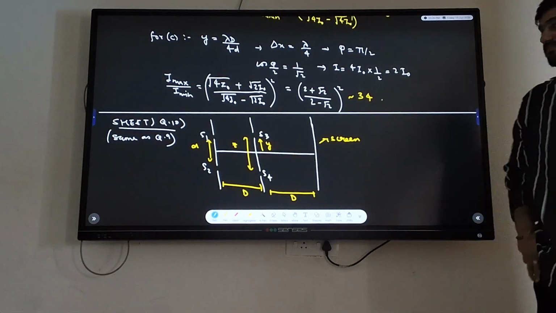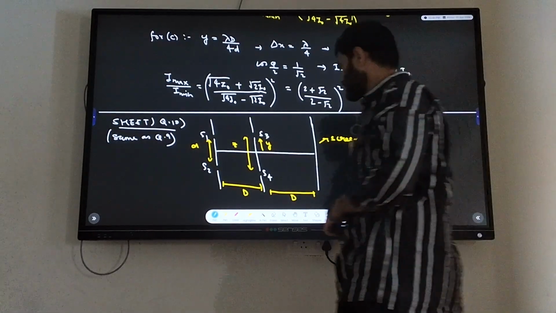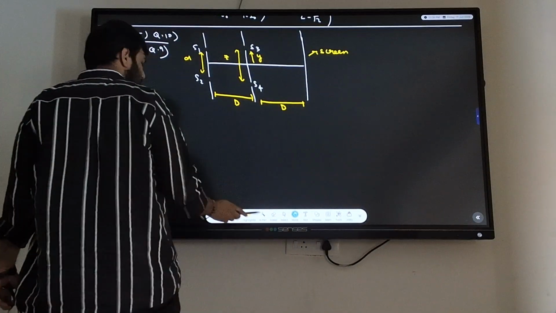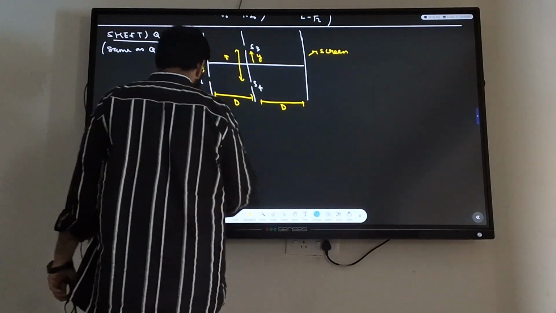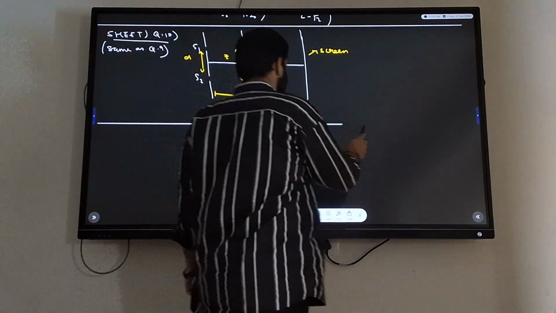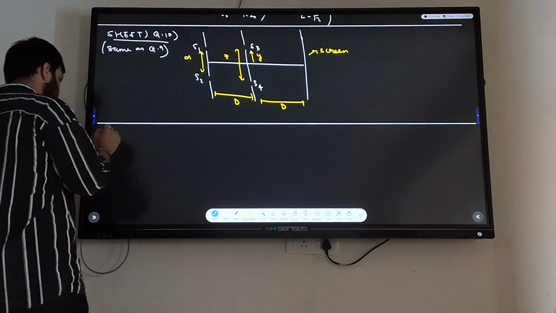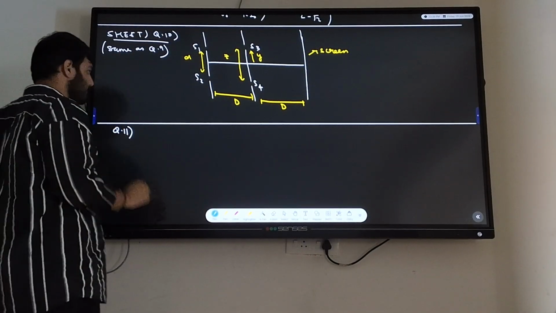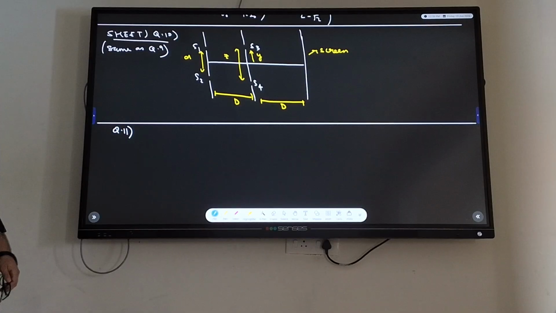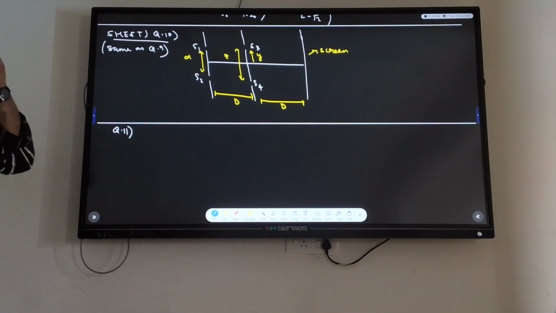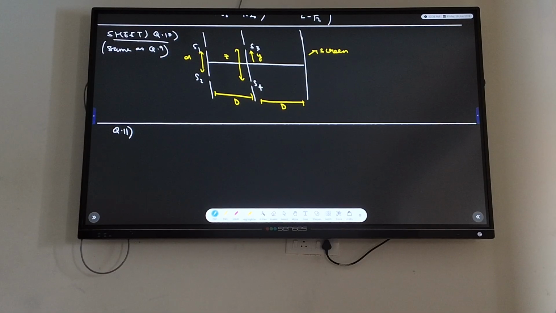Okay then, let's start with question number 11. The information given is there are two sources S1 and S2 emitting light. Separation between the sources is 2 lambda.